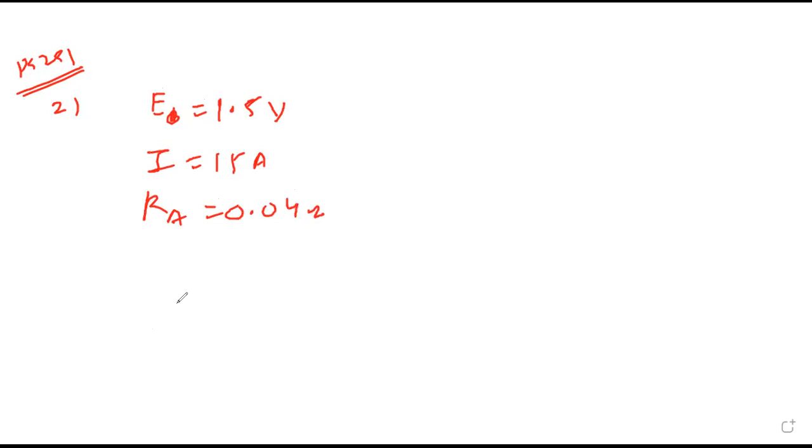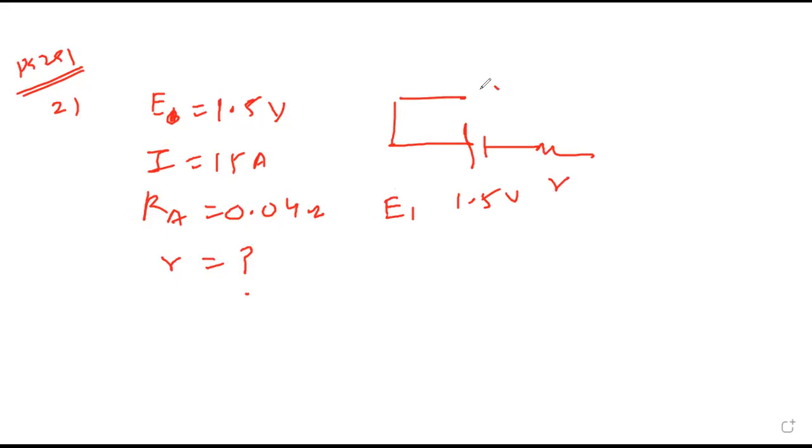What is the internal resistance of that cell? This means a battery of EMF 1.5 volt has some internal resistance, connected to an ammeter of resistance 0.04 ohm. We want the internal resistance.